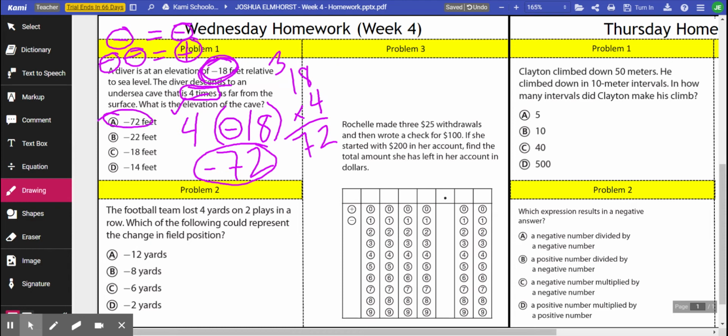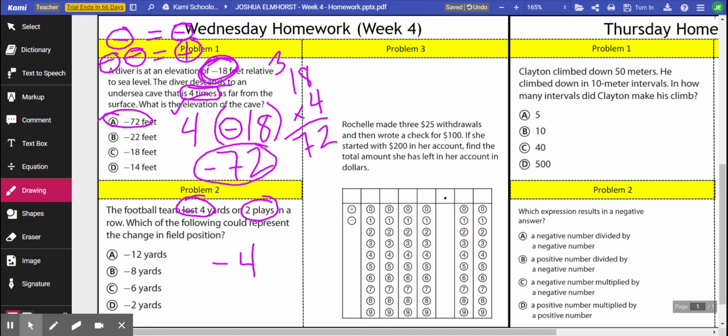Okay, so you take a look at number 1. Number 2, the football team lost 4 yards on 2 plays in a row. Which of the following could represent the change in field position? So they lost 4 yards. So we're going to identify losing yards as a negative number. So we got negative 4. And that happened 2 times in a row.